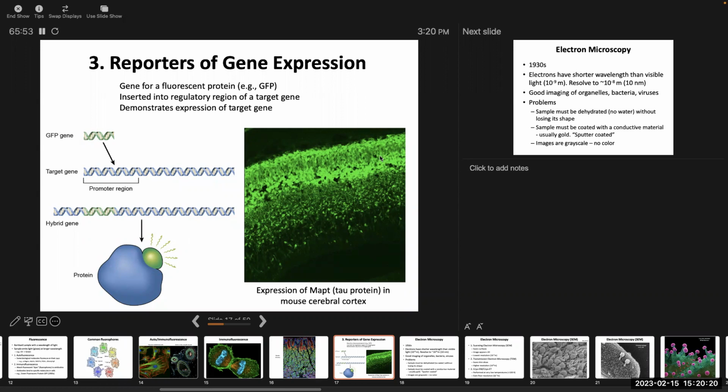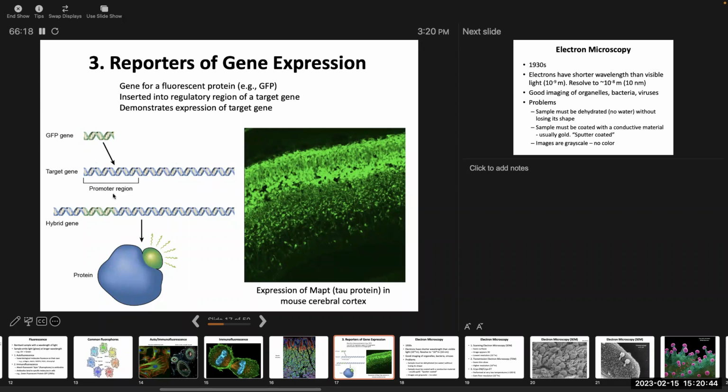This is another really interesting use of fluorescence, what's known as a reporter of gene expression. The way this works is, let's say you want to figure out which cells in the body are expressing some particular gene. So we've got this target gene here represented by just this little chunk of DNA double helix.